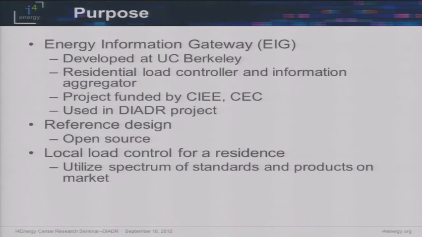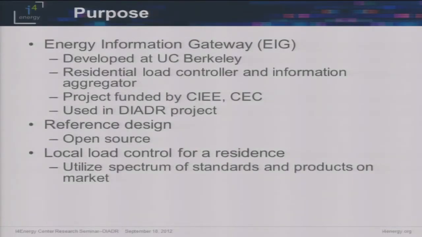So the Energy Information Gateway is being developed at UC Berkeley. It's a residential load controller and information aggregator. It communicates with dumb and smart appliances, gathers load information, and sends control commands when needed. The project is being funded by CIEE and CEC, and we are using and adapting the residential version of the Energy Information Gateway for use in the DI-ADR project.